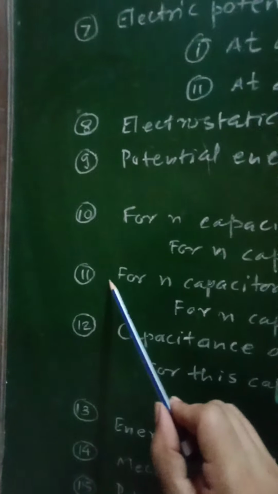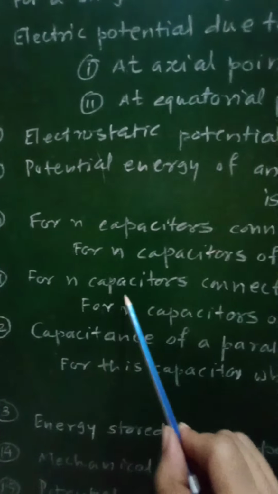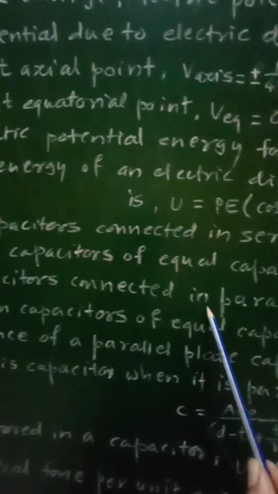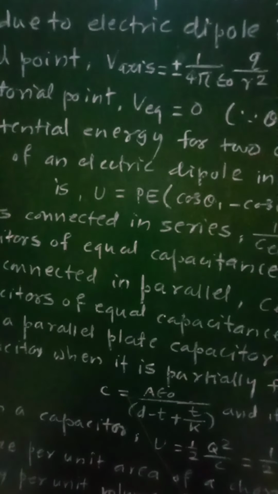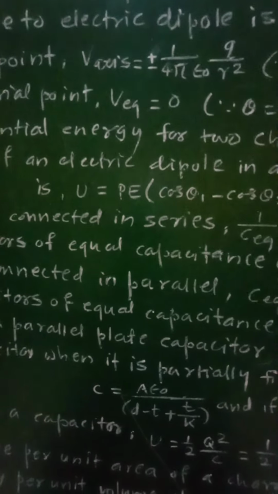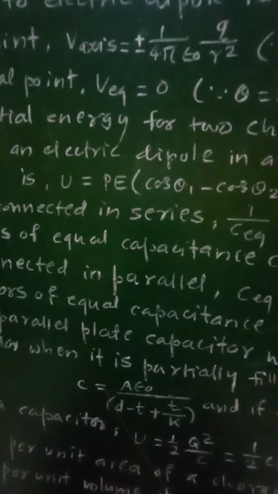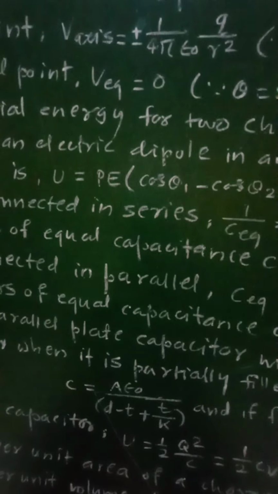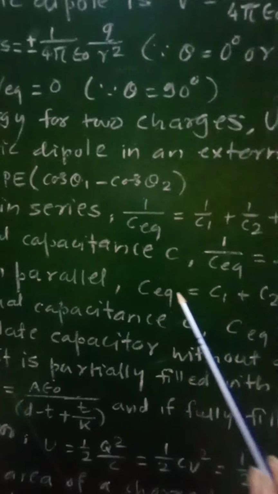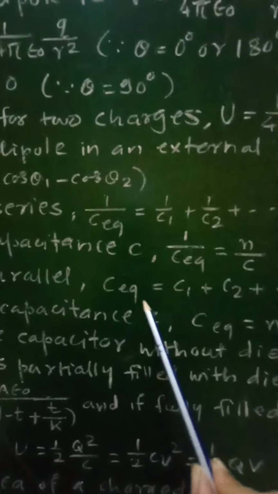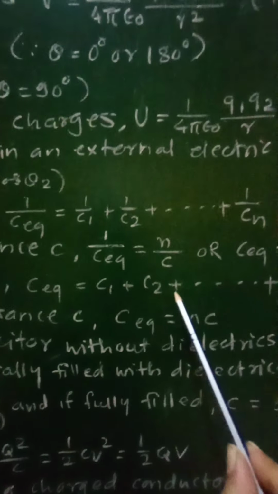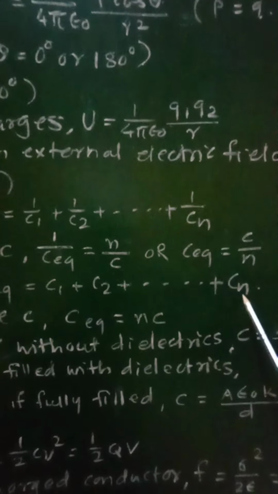Then the 11th formula gives n capacitors connected in parallel. If n capacitors have capacities C1, C2 up to Cn and are connected in parallel, then their equivalent capacitance C equivalent will be equal to C1 plus C2 plus up to Cn.